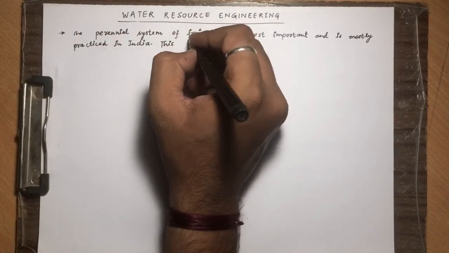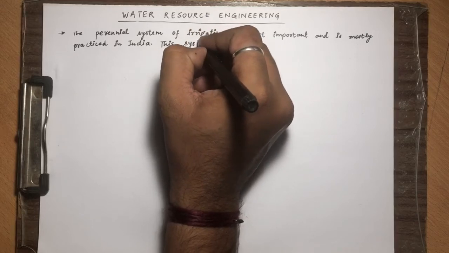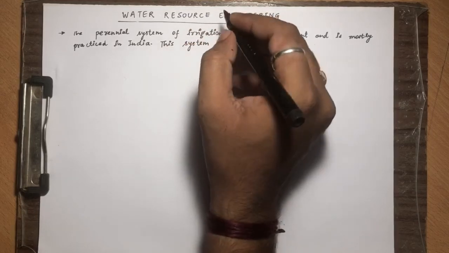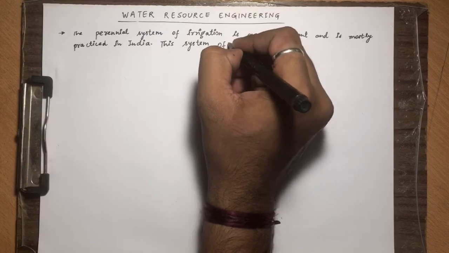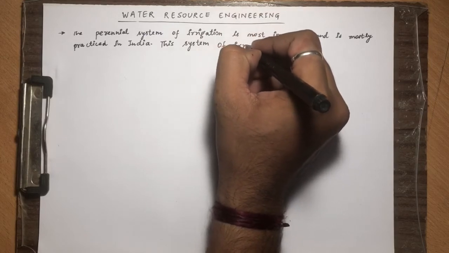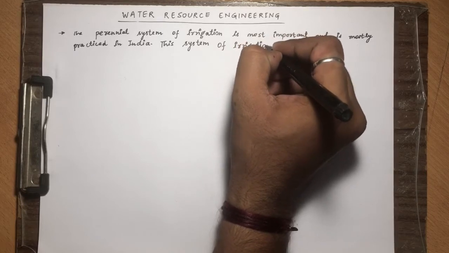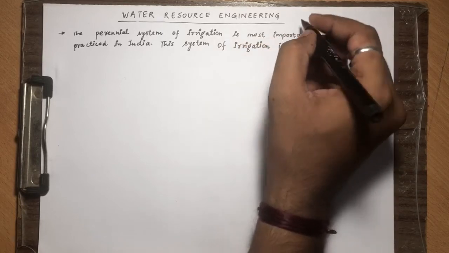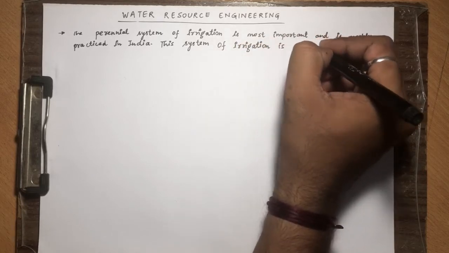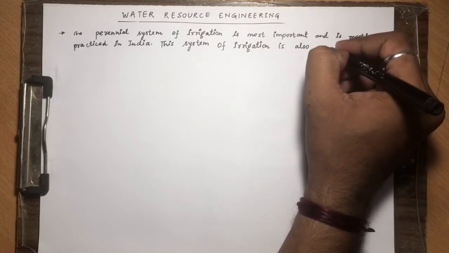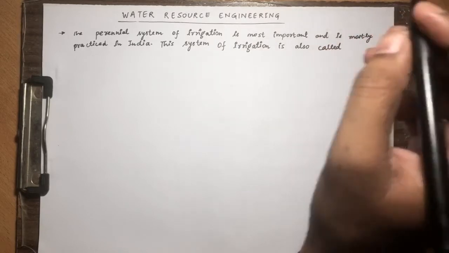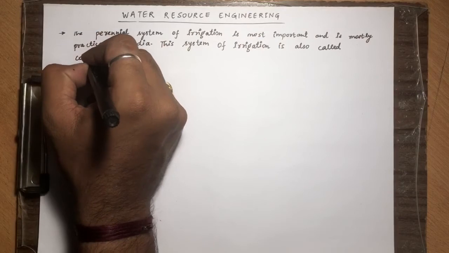This system of irrigation is also called controlled irrigation.